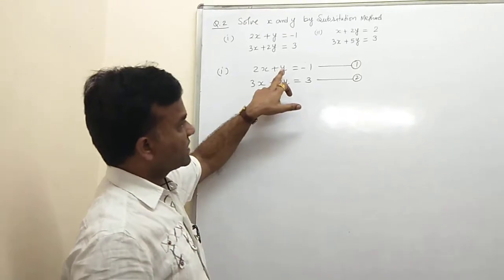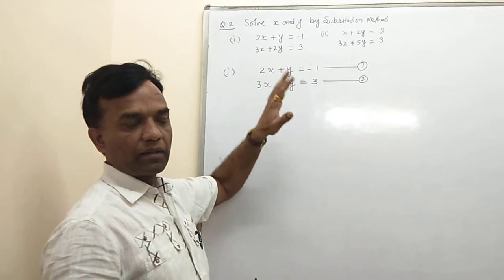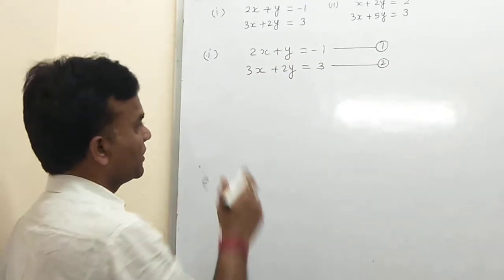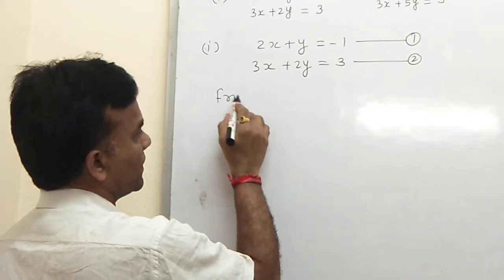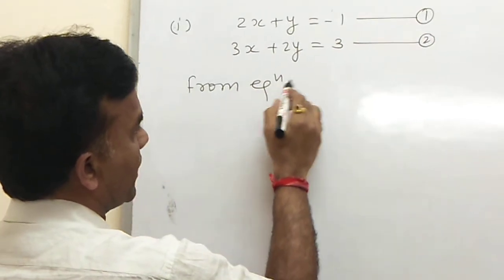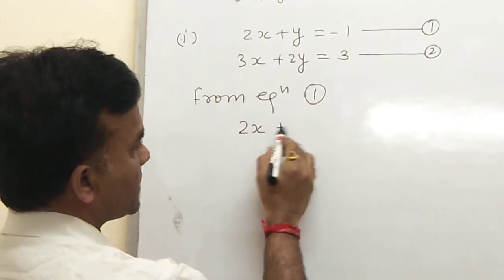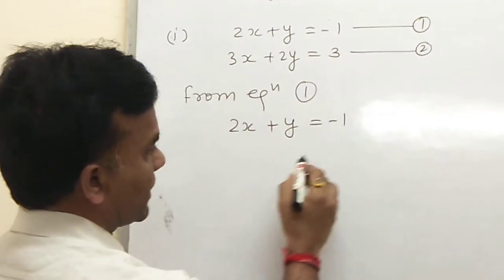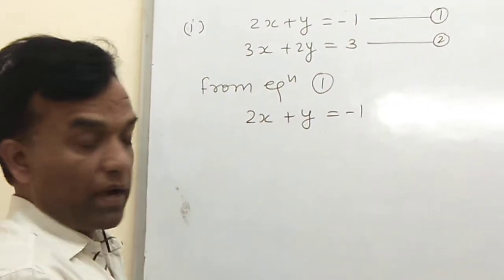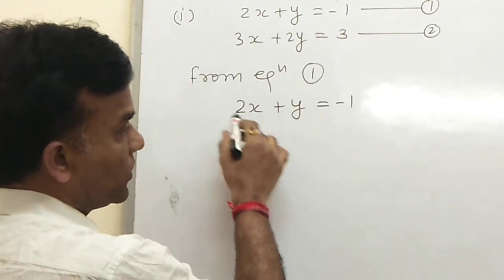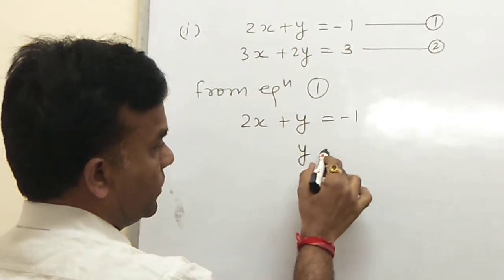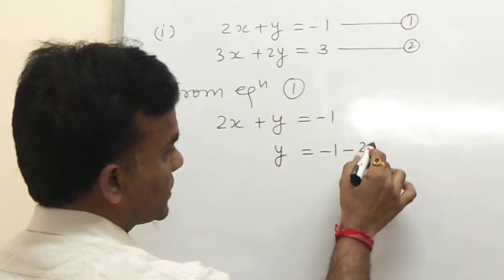So in the first equation we have the variable y with coefficient 1, so here we consider equation 1. Equation 1 is 2x plus y equal to minus 1, and then we get the value of y, not x, because x has 2. So y equal to minus 1 minus 2x.